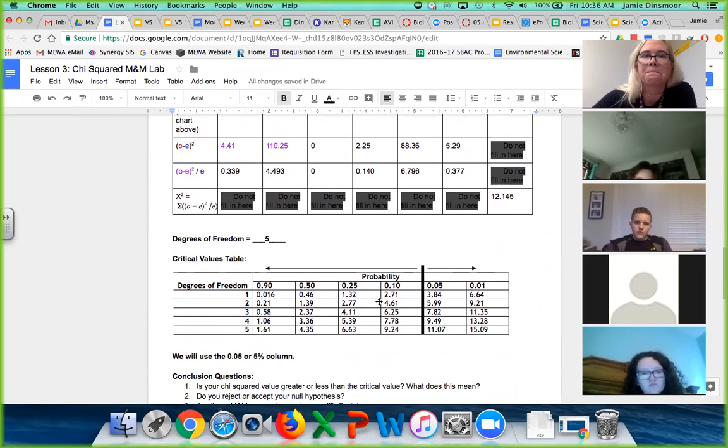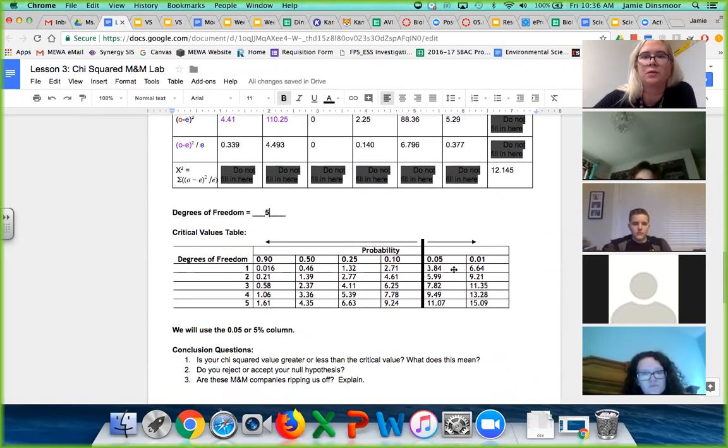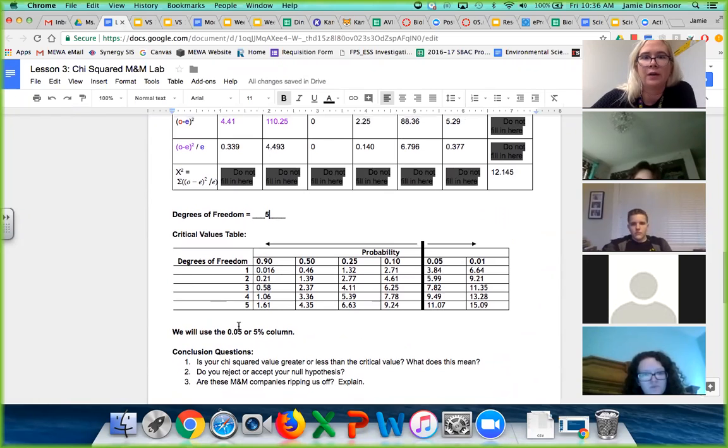Now, we're going to use this table here. Thankfully, it goes up to degrees of freedom is 5, otherwise, we'd have to get a bigger table. And we're going to use this box right here, the 0.05 probability. That's just the common one used for science. We're not going to go into why that's used.